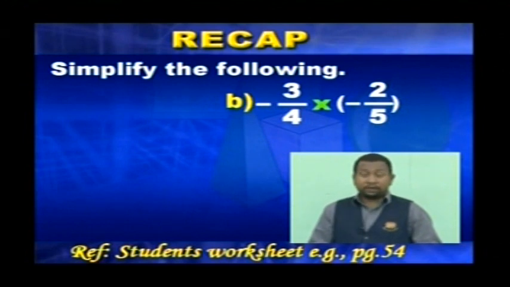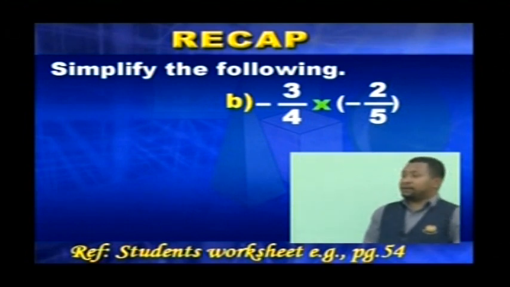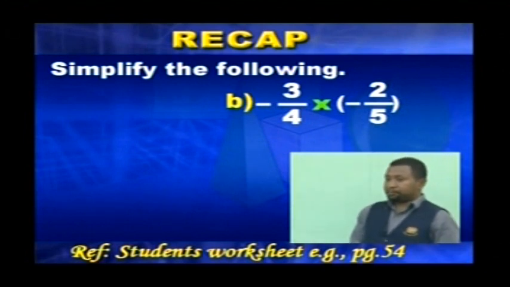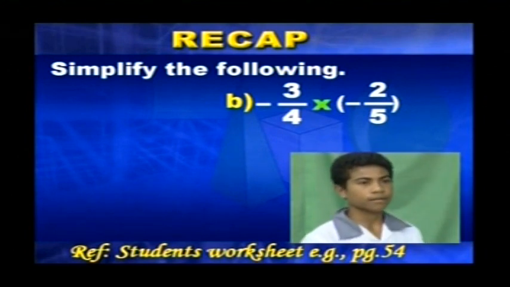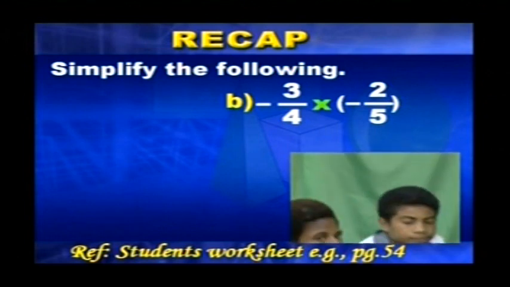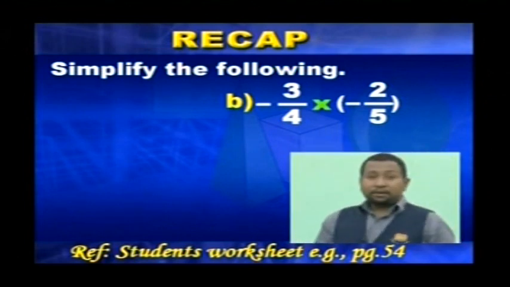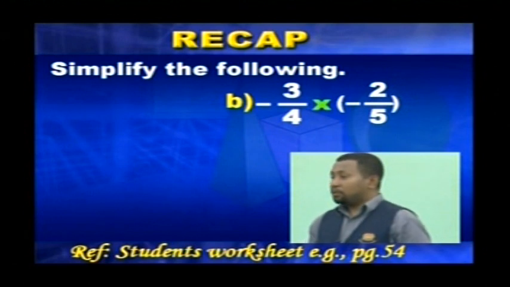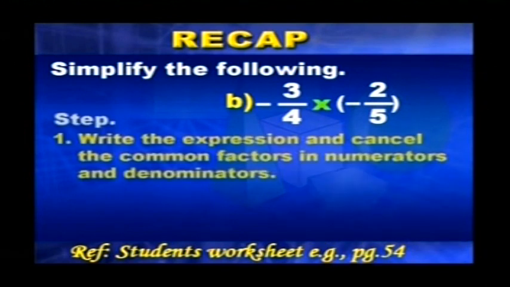What is the first step? 7As and receiving students. Jubilee, what is the first step? Write the question. Very good. Like what Jubilee is saying, we are going to write down the question. Now, step 1, we write the expression and then we cancel the common factors in numerators and denominators.